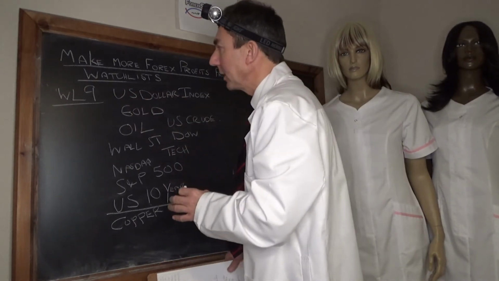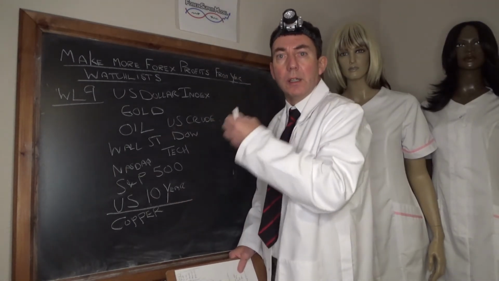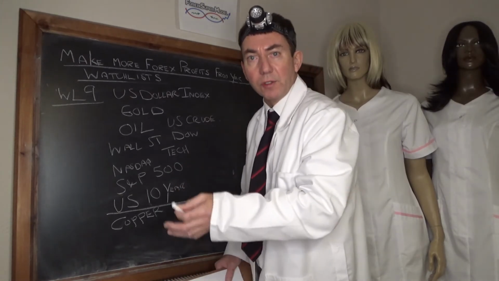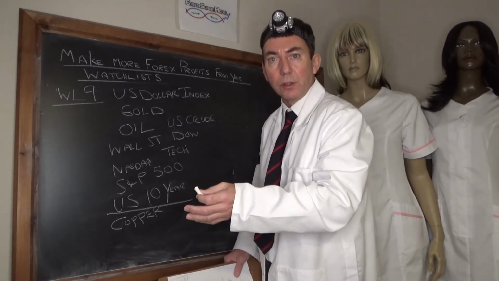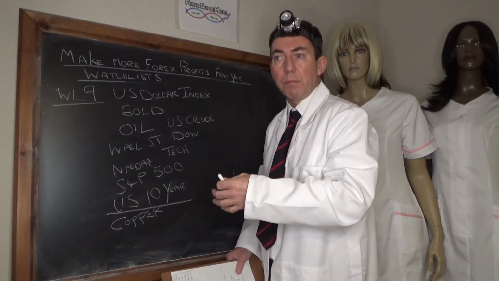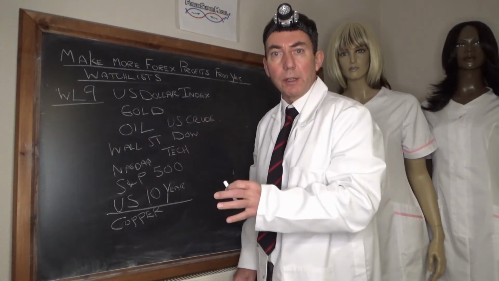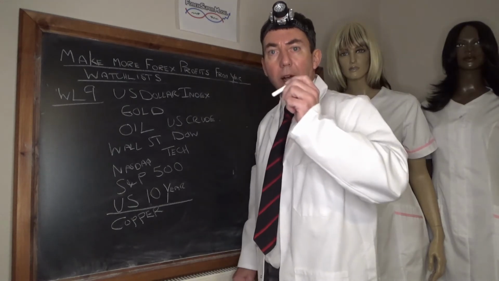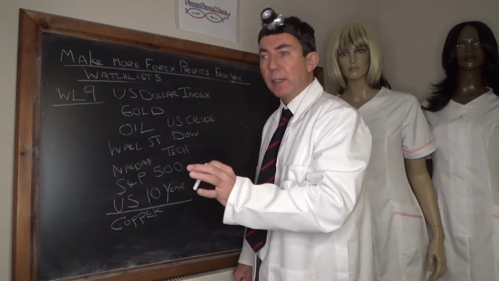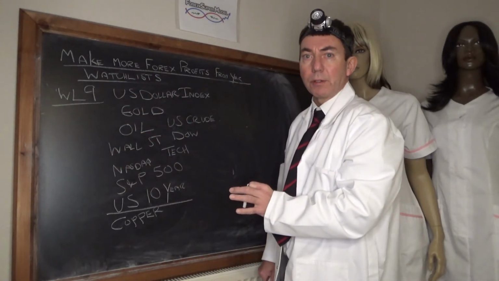You'll know automatically that the first 2 watch lists you can read straight. 3 and 4, you just ignore the first pair. 5 and 6, ignore the top 2 pairs, and 7 and 8, ignore the top 3 pairs. Then you've got the advantage of very quickly seeing what's going on in the market. Is the market having a real go at a particular complex, or is it mixed?